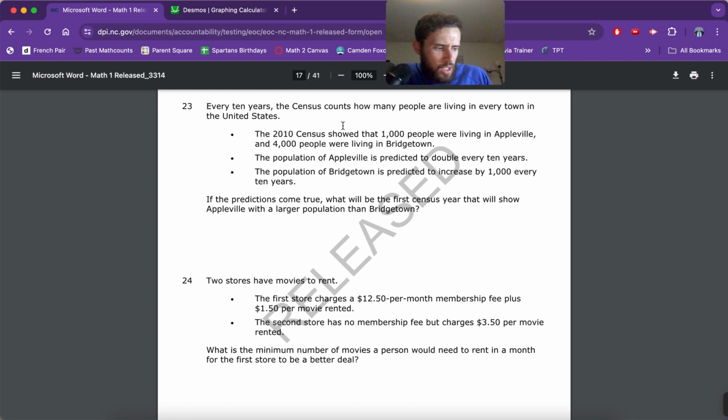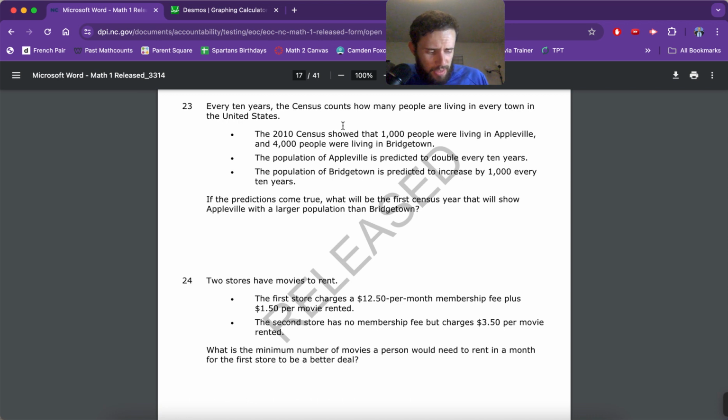So in 2020, it's going to be 2,000. In 2030, it would be 4,000. And in 2040, it would be 8,000. Bridgetown is going up by 1,000.